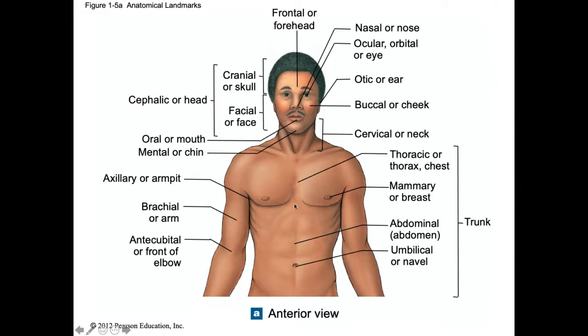When you hear of the thoracic spine, we know it's got to be somewhere here. When you hear of a muscle called the buccinator, we know it's got to be somewhere associated with the cheek. When you hear of a foramen in the chin called the mental foramen, we know it's got to be a hole in the mandible. When you do neurology and you do a part of the brain called the diencephalon, here is cephalic, which means the brain.